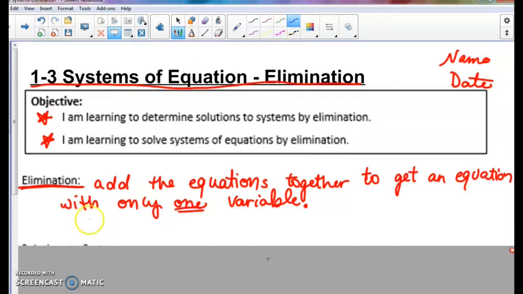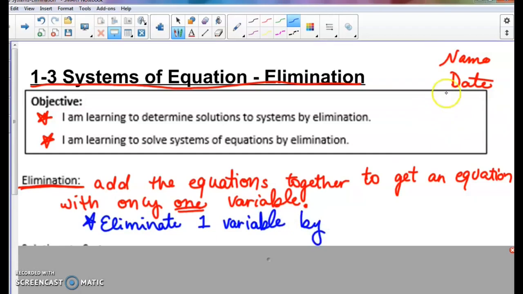Now we eliminate one variable by... And here's where I'm going to do a little bit of scratch work on this, how you have to write down. So if you think about it, we said we had to add them.